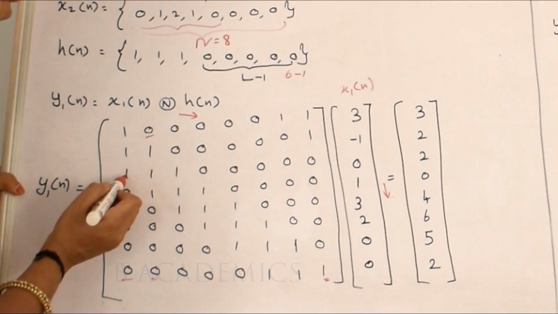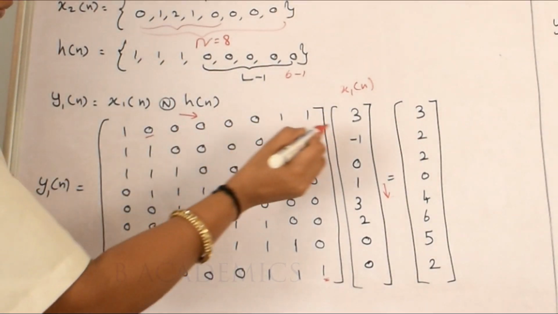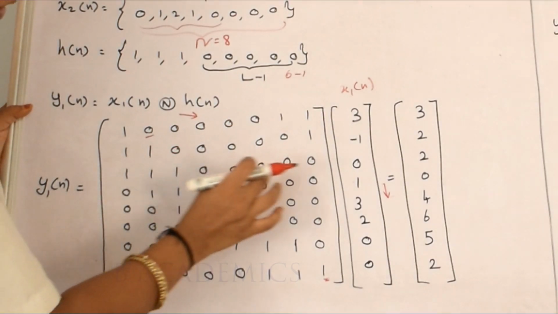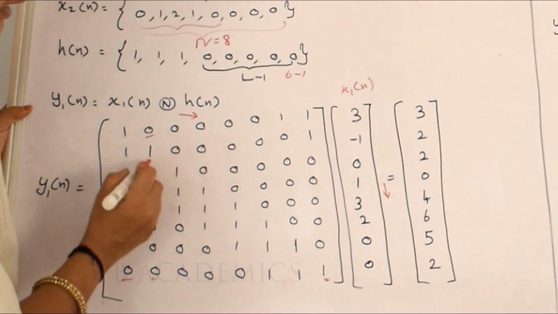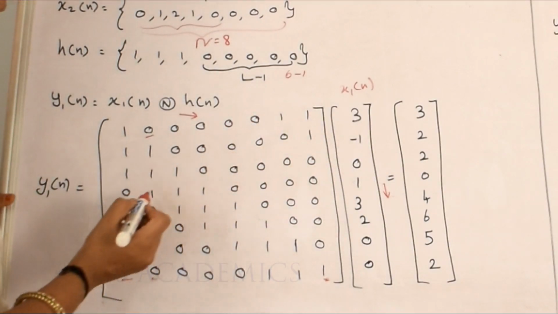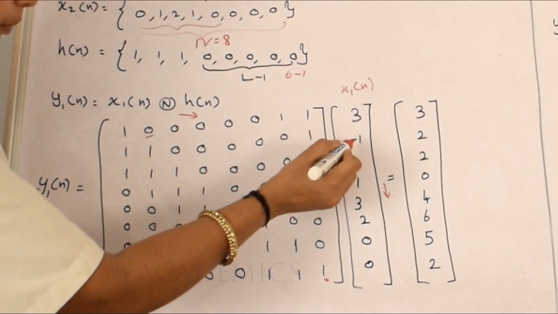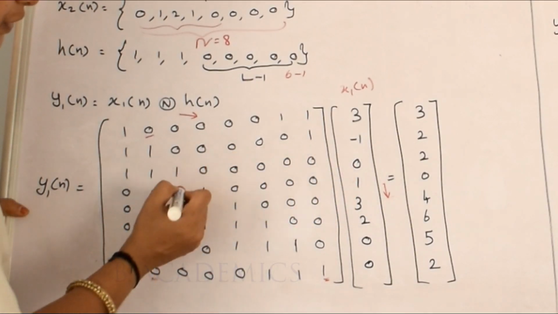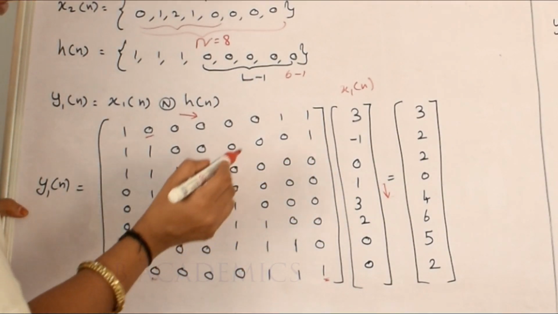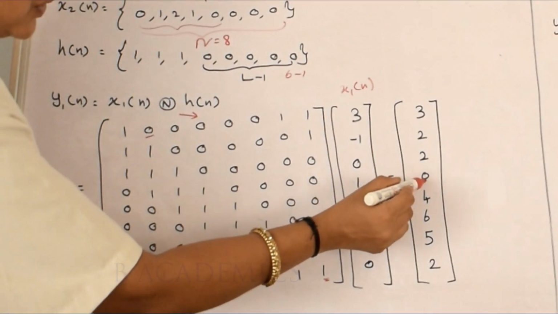The next row, 1 into 3, 3. 1 into minus 1, minus 1. The rest of the elements are 0. So I am getting 3 minus 1, 2. The next row, 0. And next element 1 into minus 1, minus 1. 1 into 0, 0. 1 into 1, 1. So minus 1 plus 1 gives you 0.